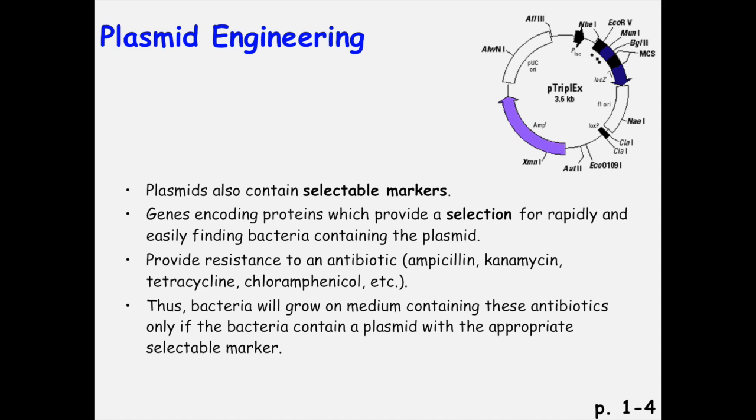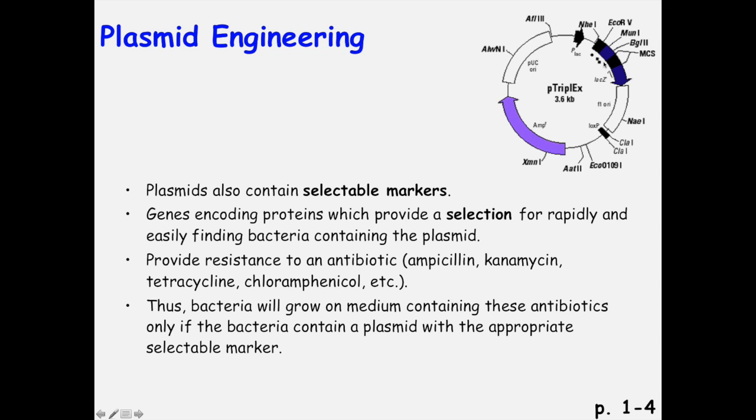This plasmid also has some very important sections. In one section, we have what's called the LacZ gene, and this LacZ gene allows us to select for the bacteria that have an insert in this multiple cloning site. The multiple cloning site, the MCS, is a section of the plasmid that has many restriction enzyme sites back to back, and they don't write them in here because there are so many.